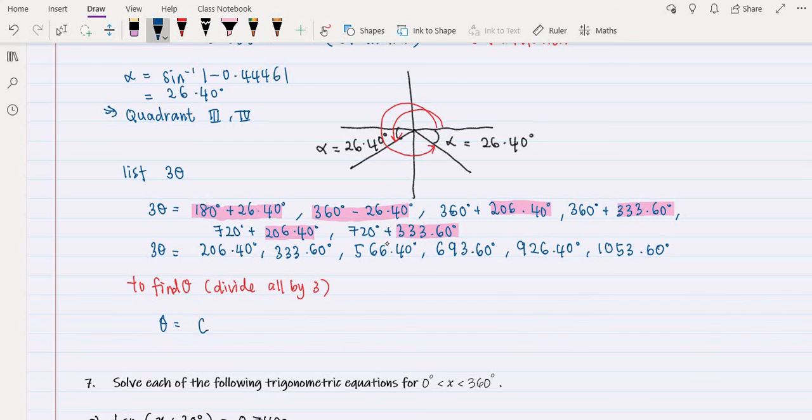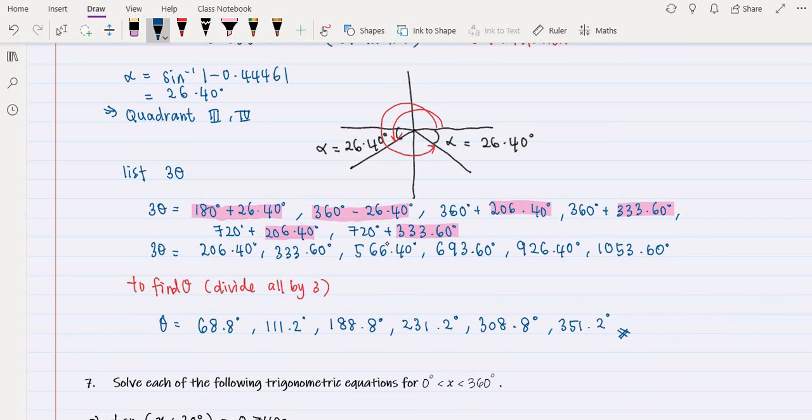Once we divide everything by 3, what we will have is, and hence we will have theta is equal to 68.8 degrees, and then 111.2 degrees, 188.8 degrees, 251.2 degrees, 308.8 degrees, as well as 351.2 degrees.